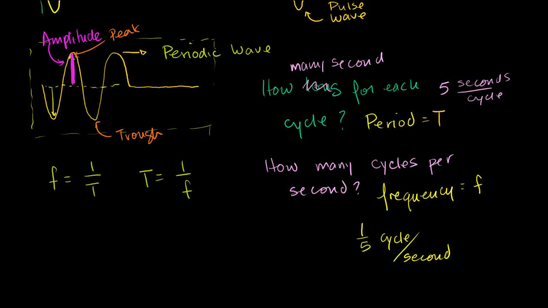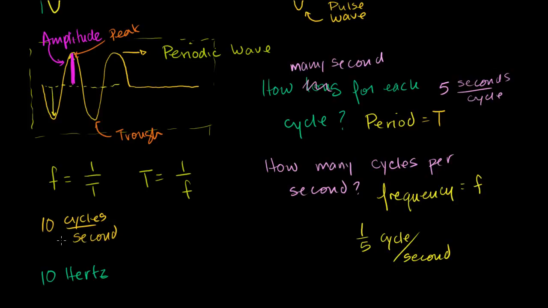So if I told you that I'm vibrating the left end of this rope at, let's say, 10 cycles per second. And by the way, the unit of cycles per second is a hertz. So I could have also written this down as 10 hertz, which you've probably heard before. 10 hertz just means 10 cycles per second.